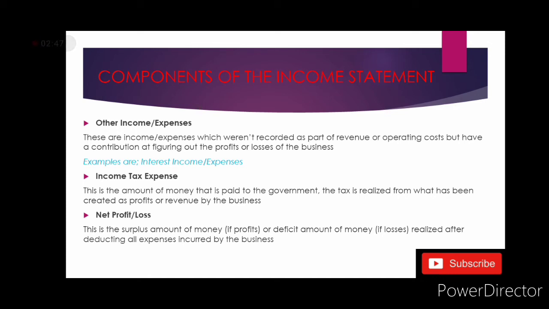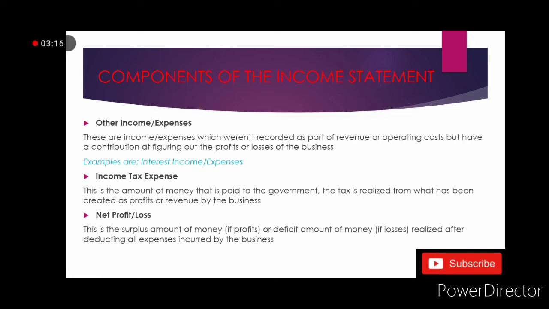So the government sits down, looks at the financial statements, and says, as far as how you've performed this year, I am going to cut you this amount of money. They cut the amount based on profits, if you have any, or based on revenues. That amount of money you pay to the government falls under income tax expense.